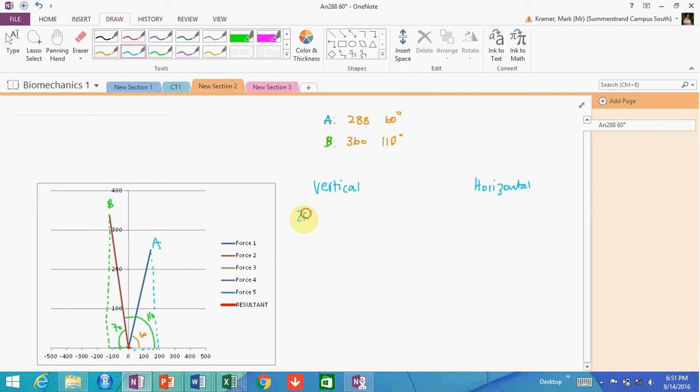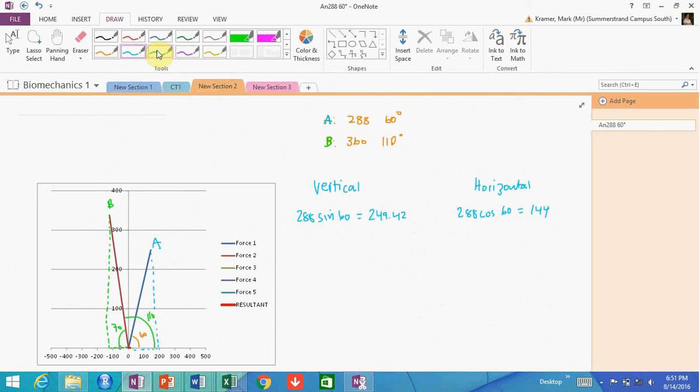So this will be 288 times the sine of 60, which will give me 249.42. If I take the horizontal component, it will be 288 times the cosine of 60, which is 144.